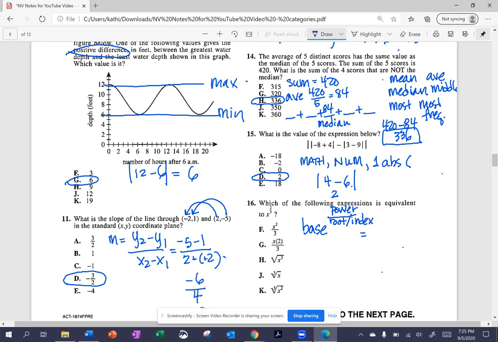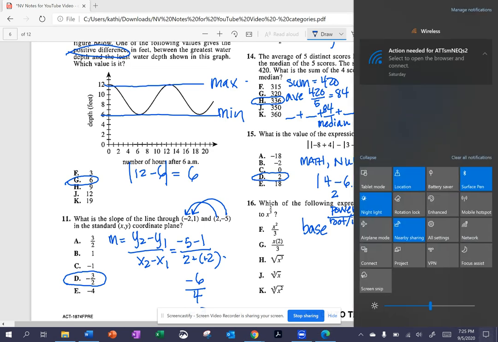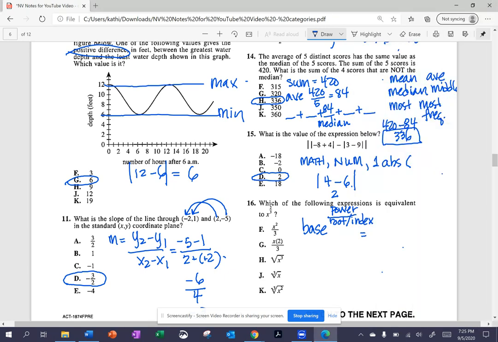And when I write that in radical form, this is going to be my base, my power, and my index. So rewriting this, the expression is the third root of x squared.